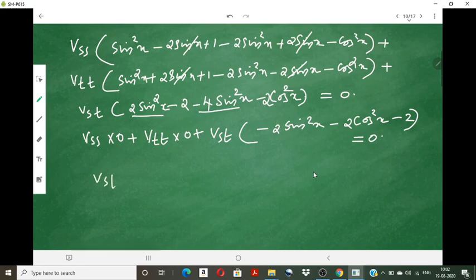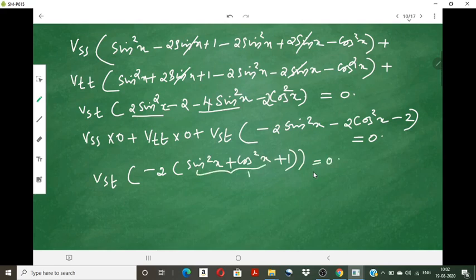That is V_ST into, now taking that minus 2 outside, we will get sin square x plus cos square x plus 1 equal to 0. That is, sin square x plus cos square is 1. 1 plus 1 that is 2. 2 into minus 2 that is minus 4.